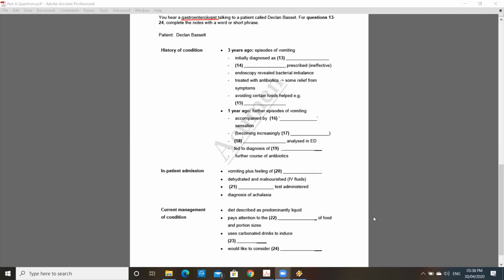Yes, I would say junk food, vegetarian food, any type of food. So 22 is less likely to be type of food. It is going to be a characteristic of food.